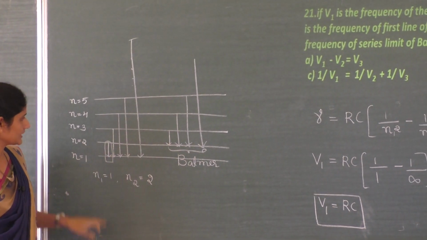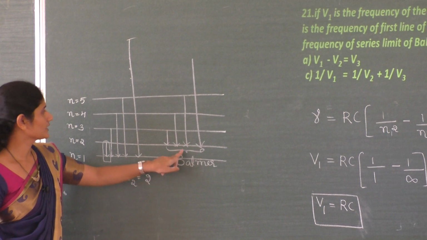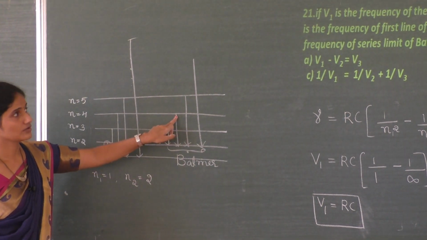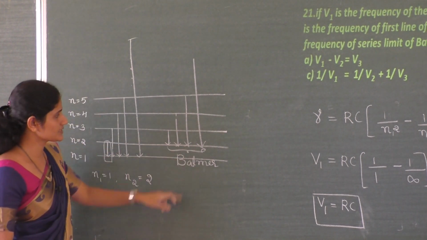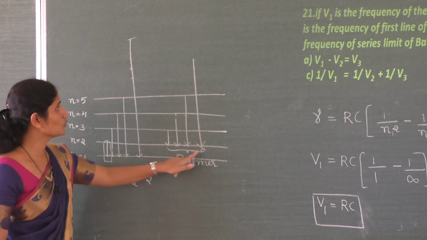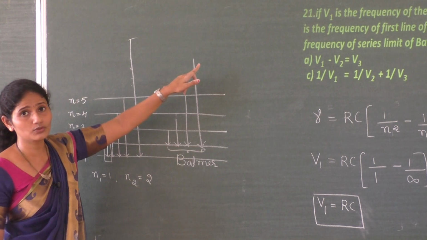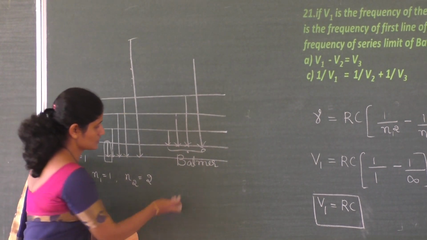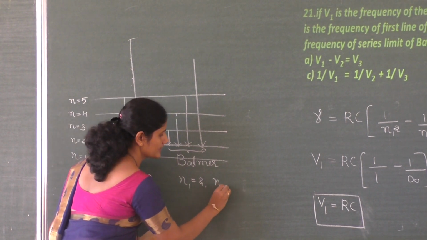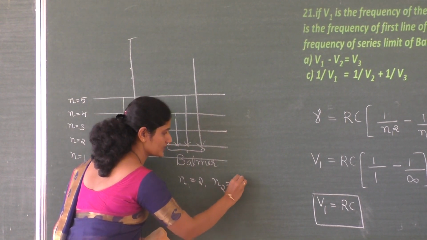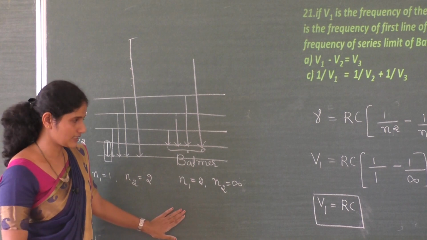For the second line, n1 is the same, 2, and n2 is 4. Similarly, for the series limit of Balmer series, n1 is equal to 2 and n2 is equal to infinity. This is in the case of series limit.